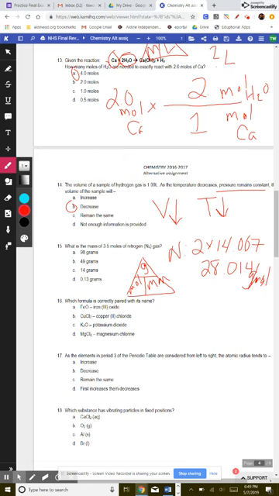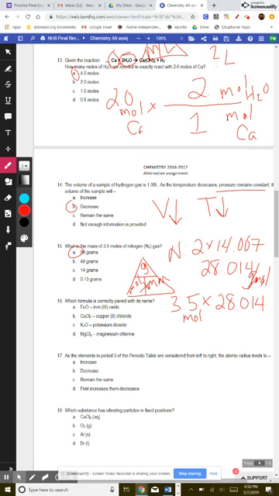Okay, so then we go back, moles times molar mass if I'm trying to find my grams. So moles, 3.5 times 28.014. So when I do that in my calculator, I get 98 grams.